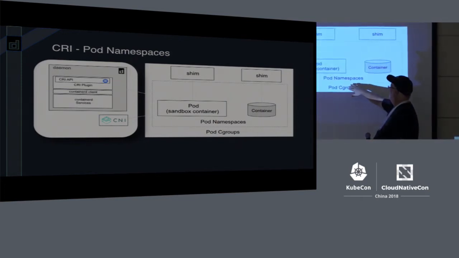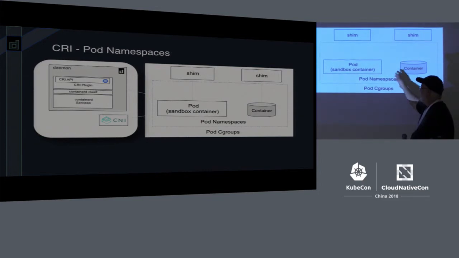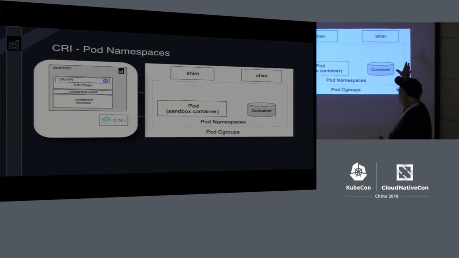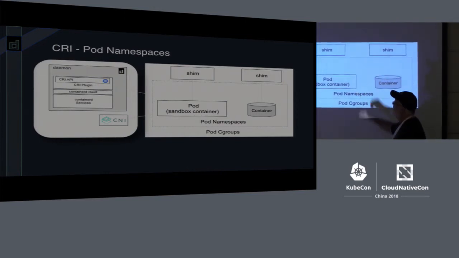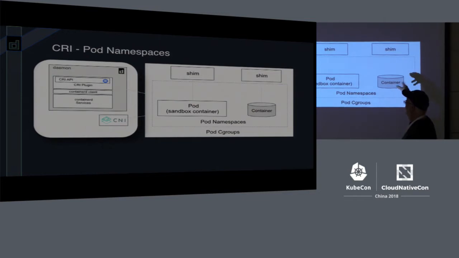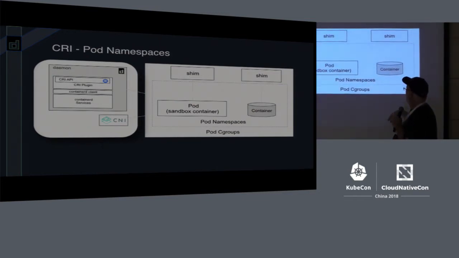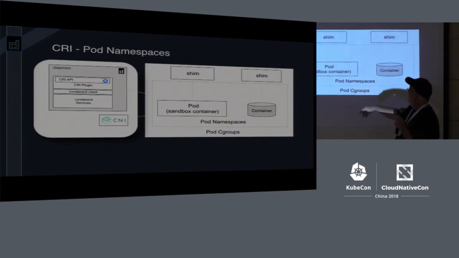Specifically, there's a pod namespace for networking, there's user namespaces, things like that. We also have cgroups that get attached, permissions, and they're all shared across the entire pod. This represents all of the resources that you're going to use for your pod, and it represents the container that you're going to generate. You'll note here that we're using CNI for all networking.